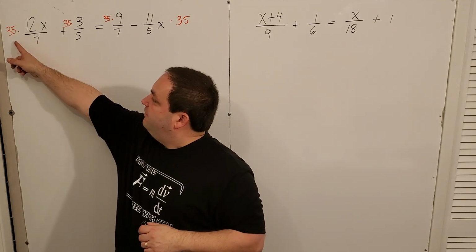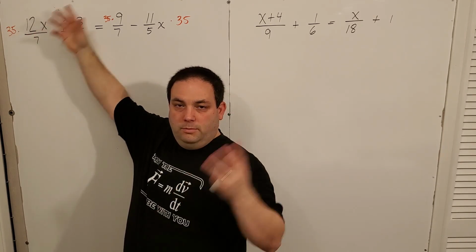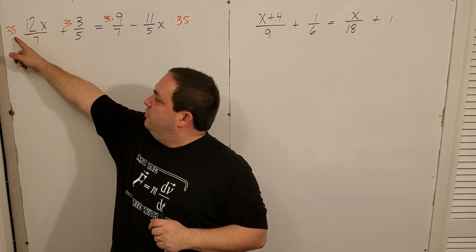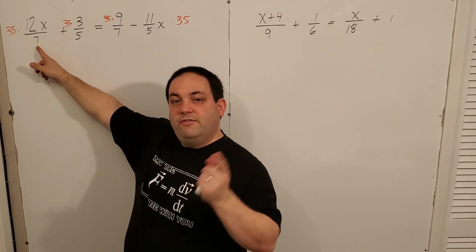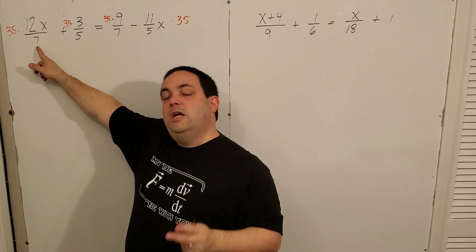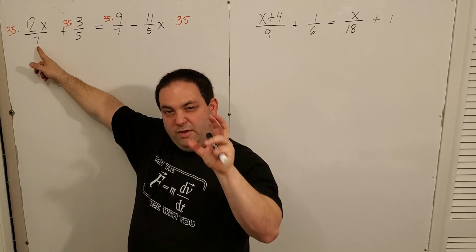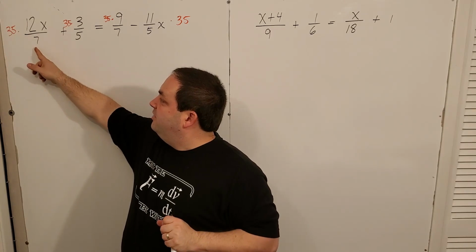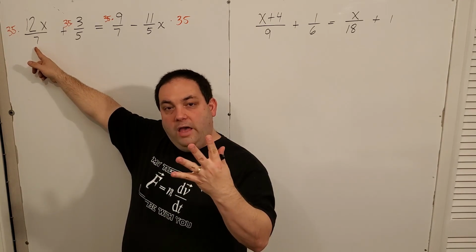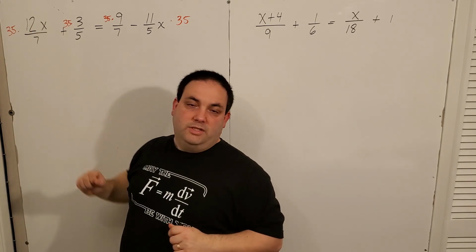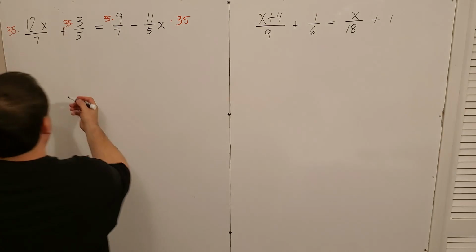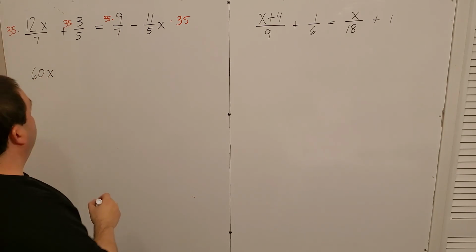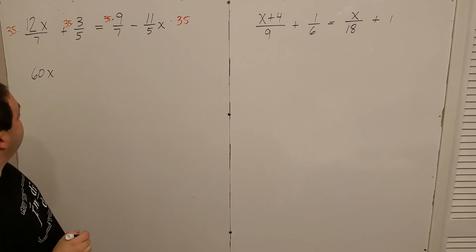I could do the 35 times 12 first. That's a big multiplication. It would be much simpler for me to do 35 divided by 7 first. That's going to come out to be a whole number because I specifically picked 35 to do that job. 35 divided by 7 is 5, then times the 12x. So that will result in 60x. Okay?